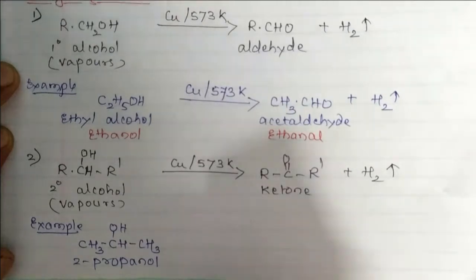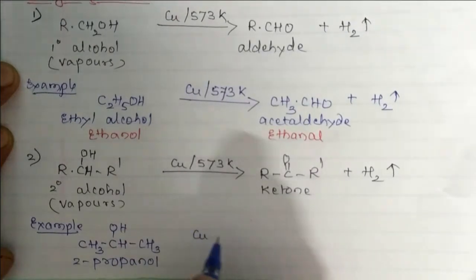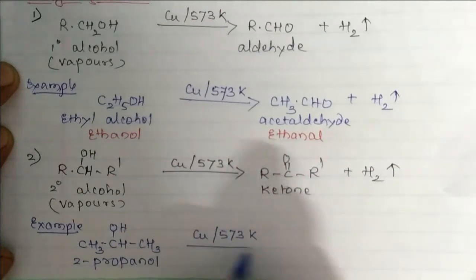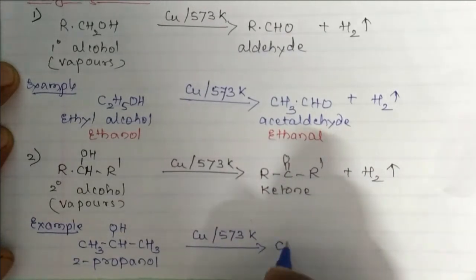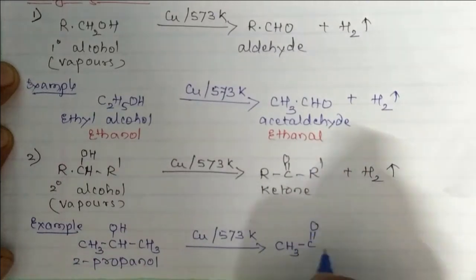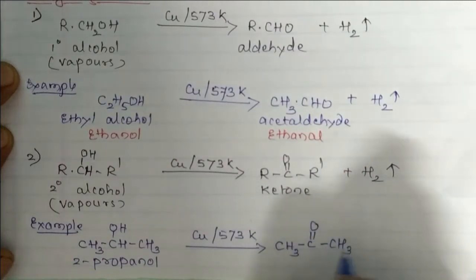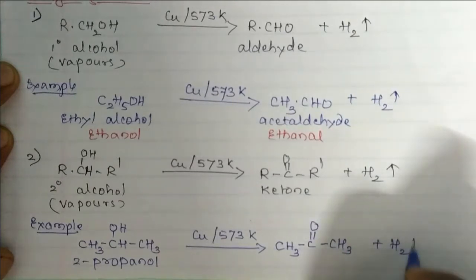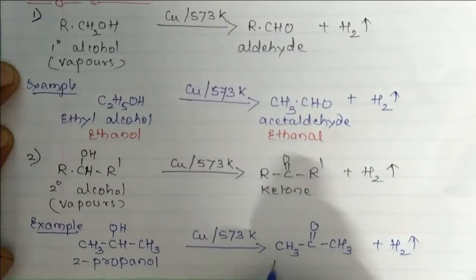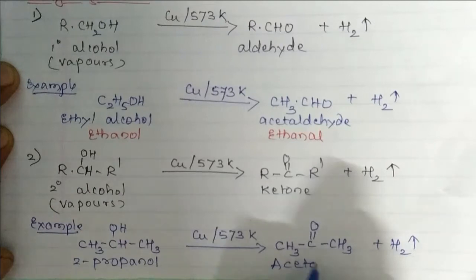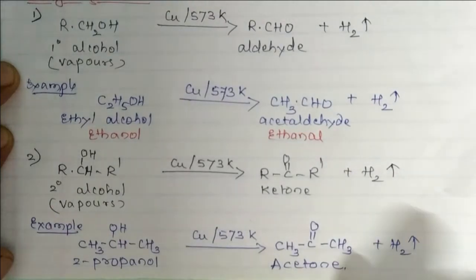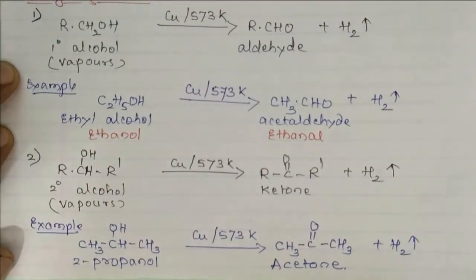Pass vapors of 2-propanol through copper catalyst maintained at 573 Kelvin. You are going to get a ketone, acetone, plus hydrogen gas. This is propanone, or the common name is acetone. This is an example for dehydrogenation of secondary alcohols.